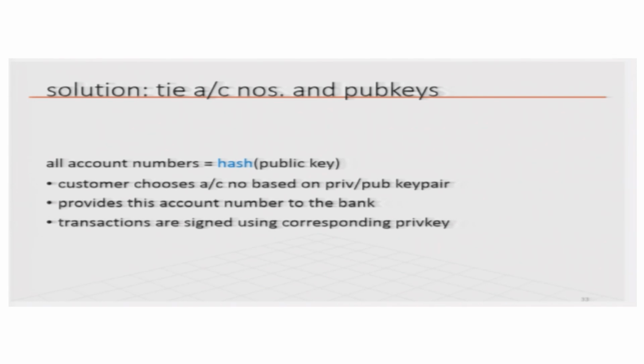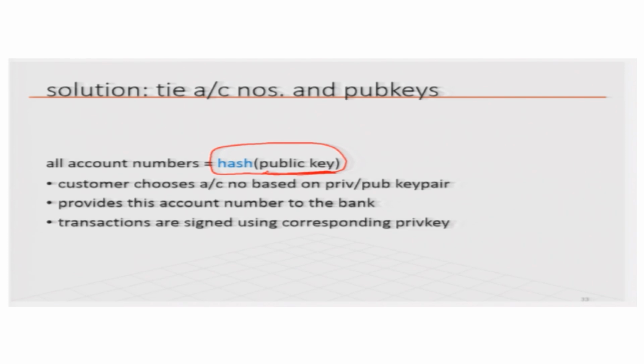So, in our single controlled blockchain case, how we solve it in this example is that instead of the bank giving us an account number, see, right now when you open an account in a bank, the bank tells you this is your account number. In this system, what we assume is that I generate my public key, private key pair, keep the private key, hash the public key, and send the bank the hash and say make this my account number.